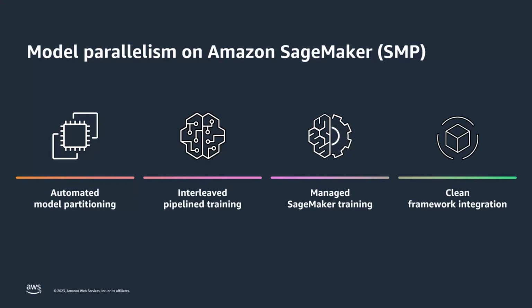All of this takes place in a fully managed environment in SageMaker. We handle the infrastructure backend, so you don't need to worry about that anymore. And it's also integrated with the most popular frameworks, like TensorFlow and PyTorch.